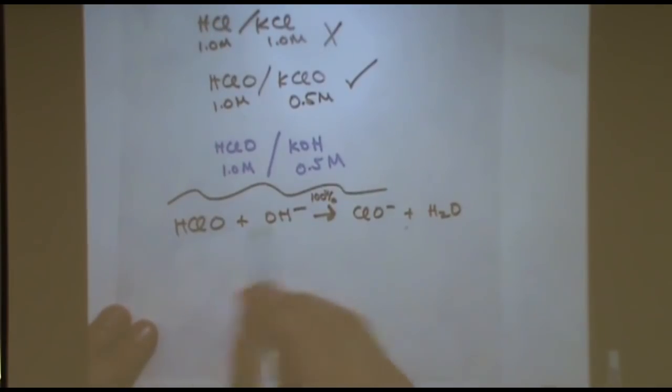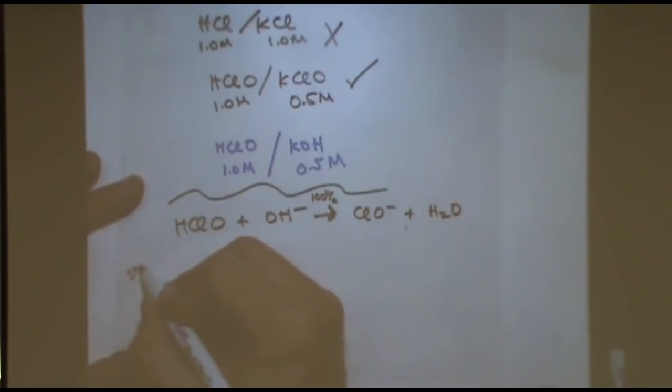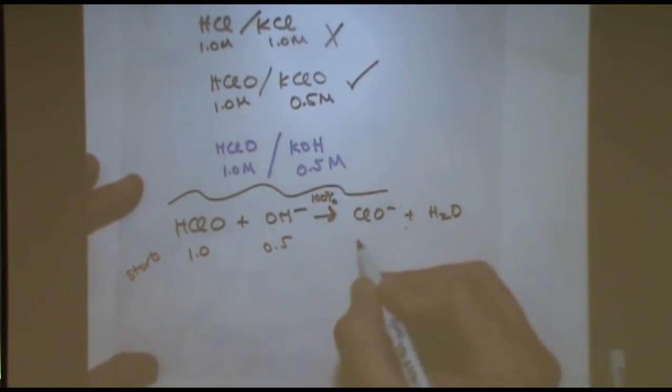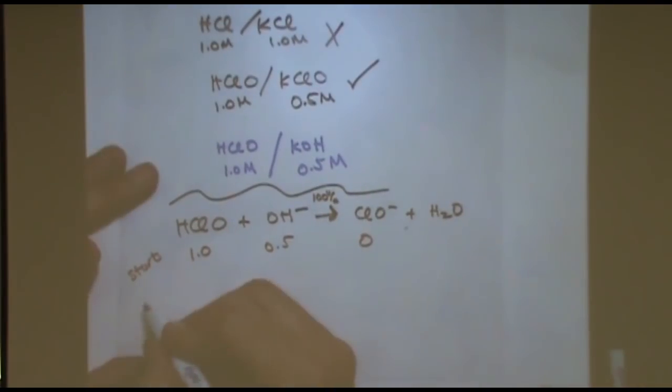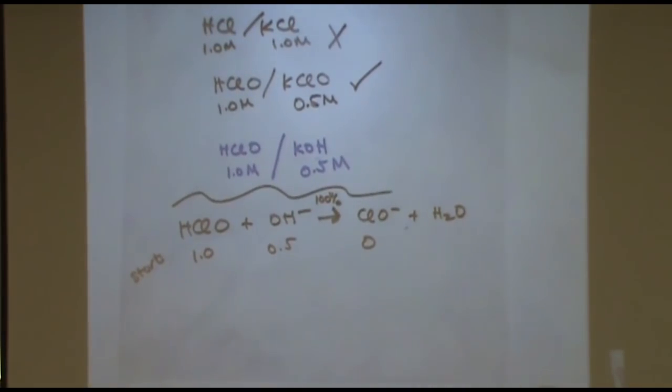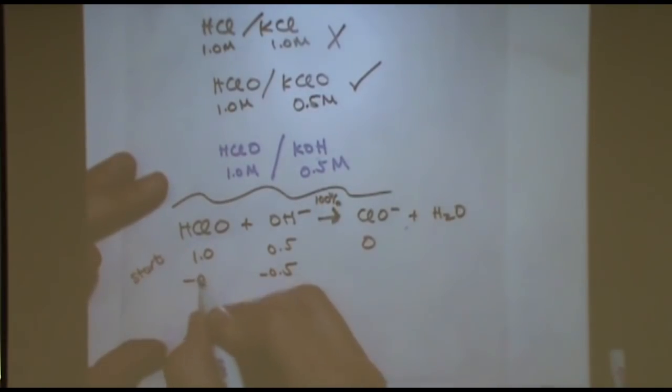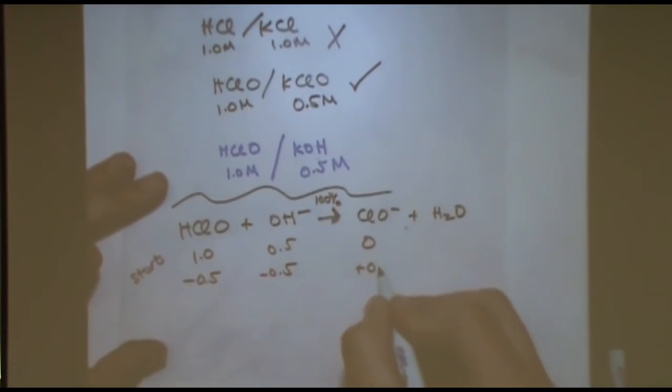So the base grabs a proton, the acid loses a proton. It's not a reaction that you memorize, just something you have to be able to write: what grabs and loses the proton. So let's say this at start was 1.0, 0.5, and 0. Then the limiting reactant, because it goes forward 100%, all disappears and it adds to the other side.